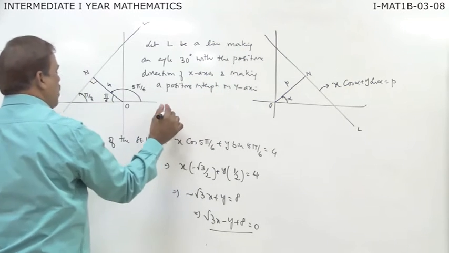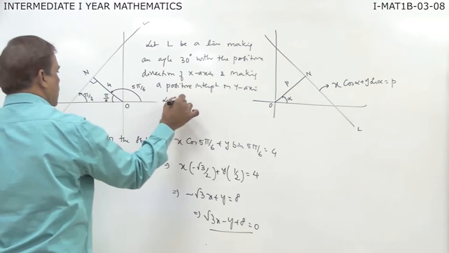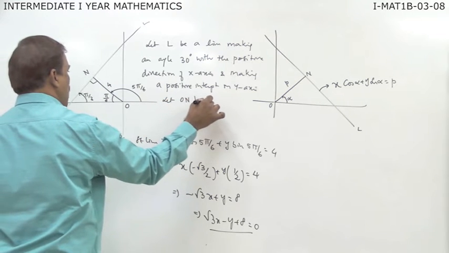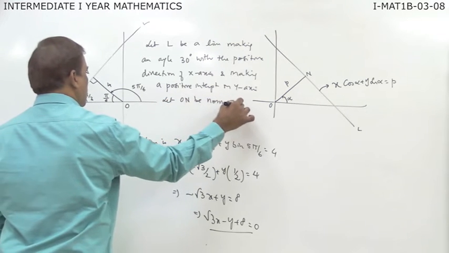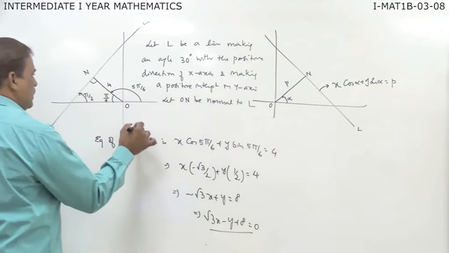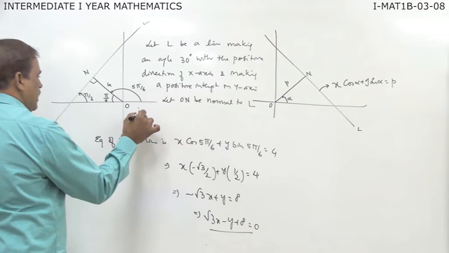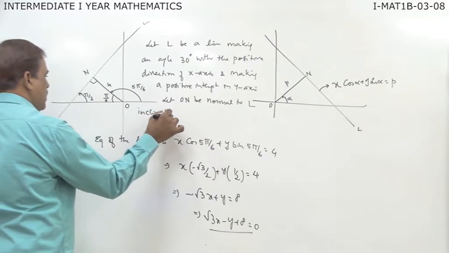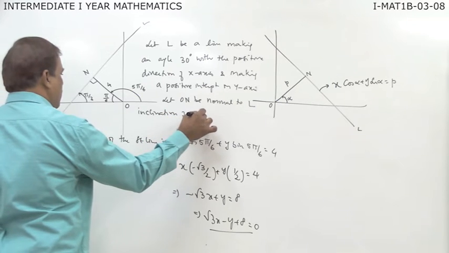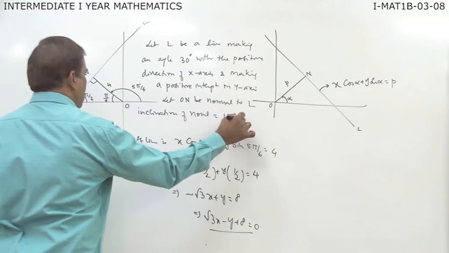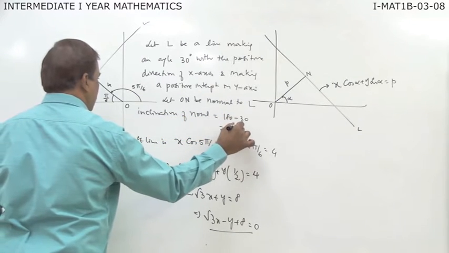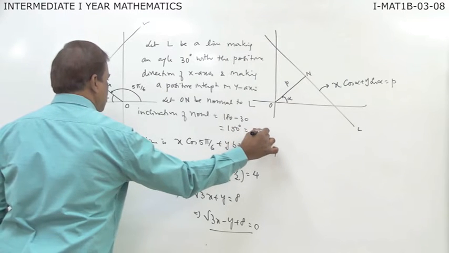Let ON be normal to L. Then inclination of normal is 180 minus 30, which is 150 degrees, which is 5 pi by 6.